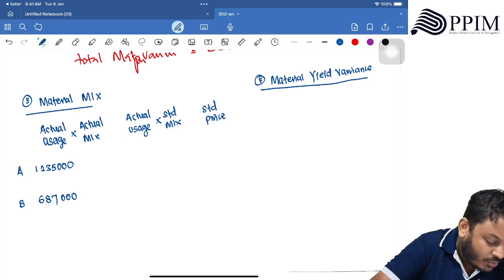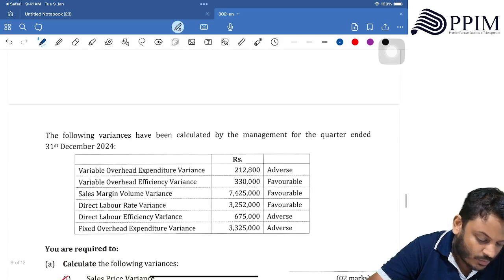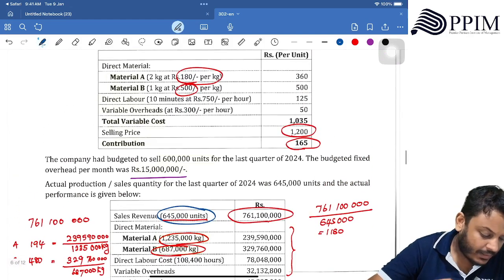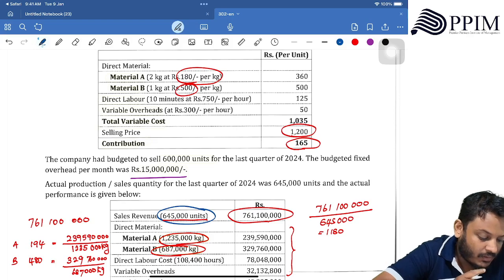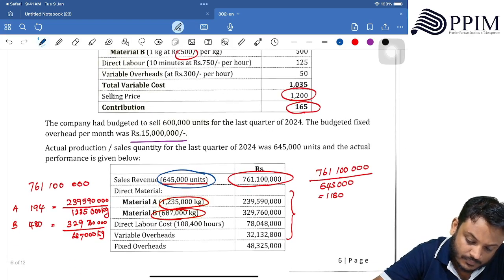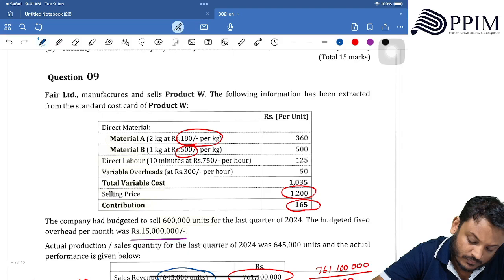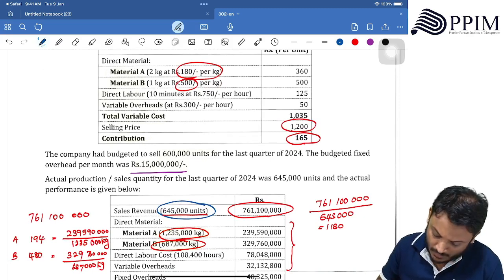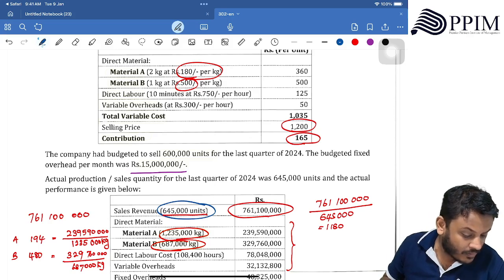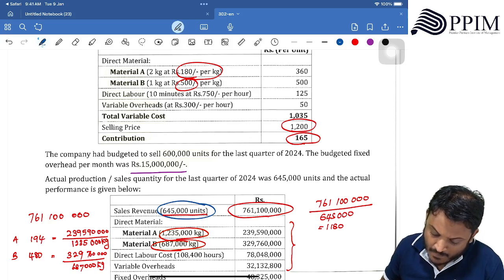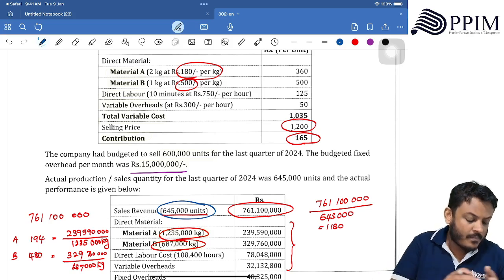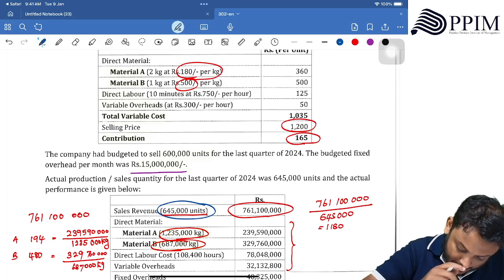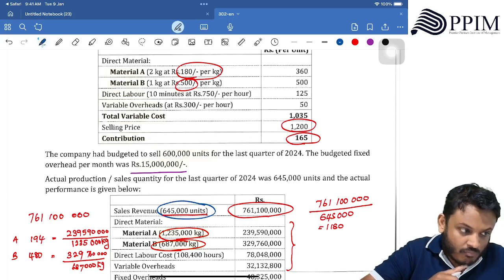Then here, actual usage into standard mix.